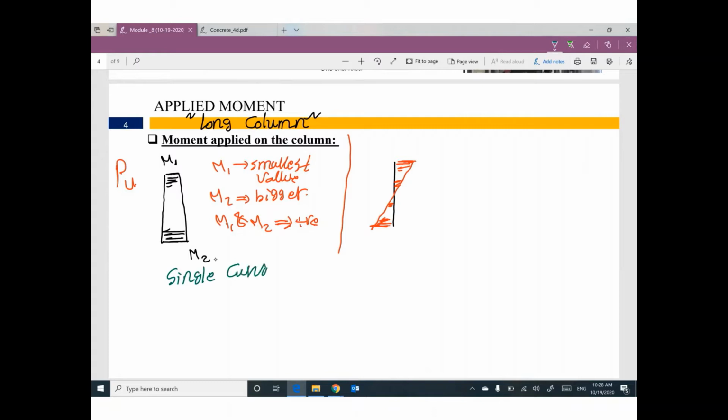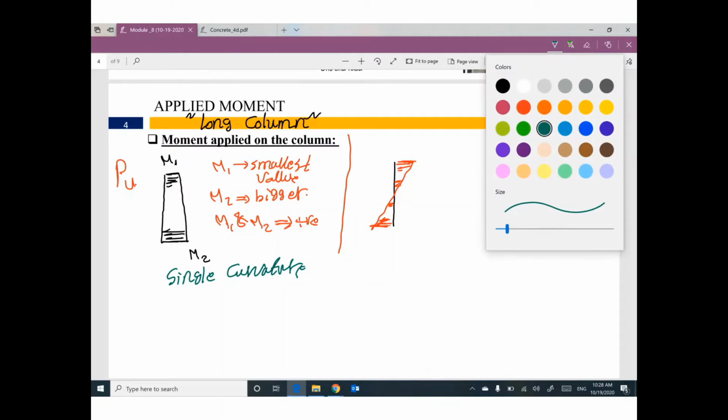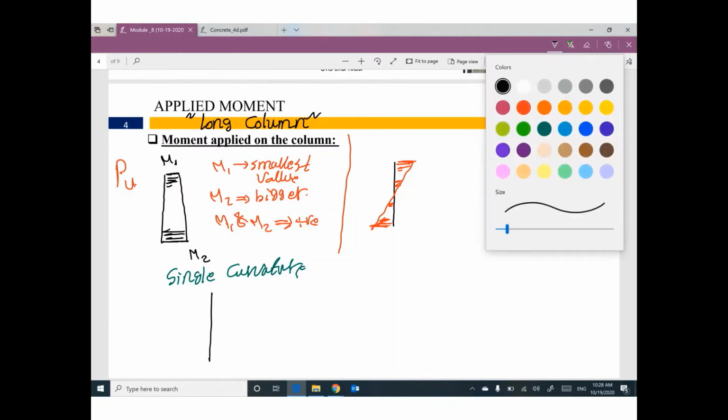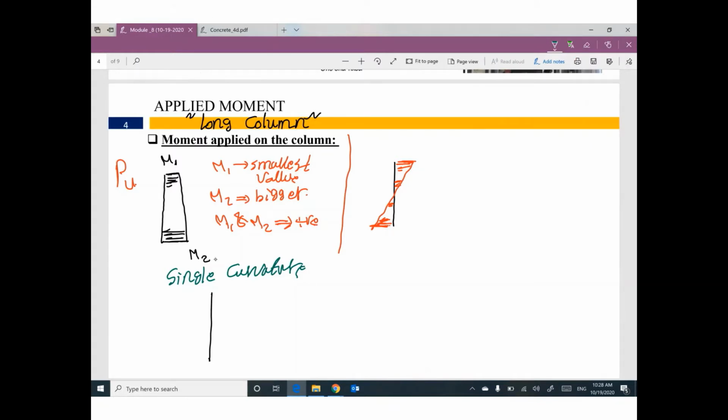Your column will buckle like this. This is the shape of the buckling. Single curvature. The second one, we have M1 and we have M2.